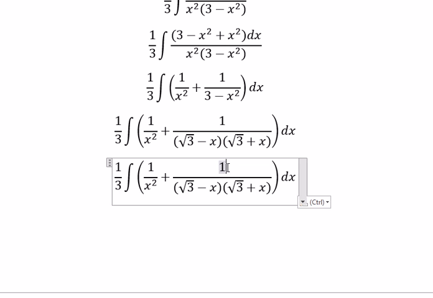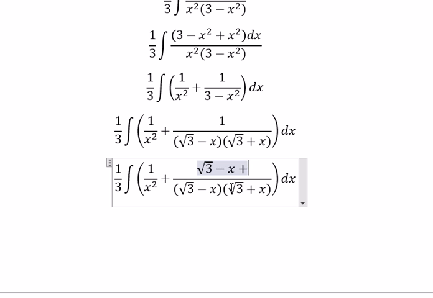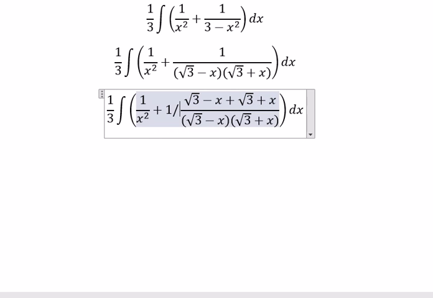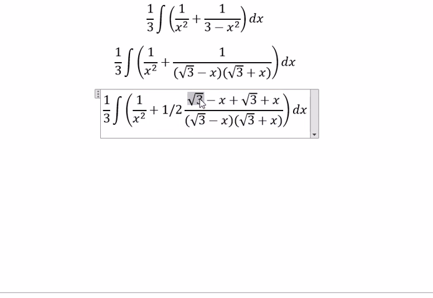So in this way, we will put this one plus this one. Negative x plus x, they will cancel. Square root number 3, square root number 3, you get 2 with the square root number 3. So we need to divide 1 over 2 multiplied with the square root number 3.